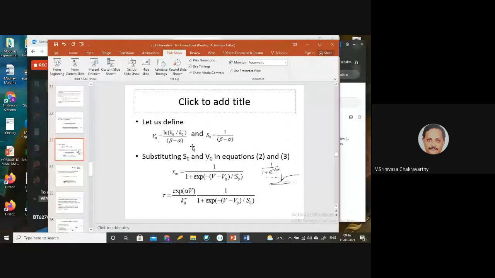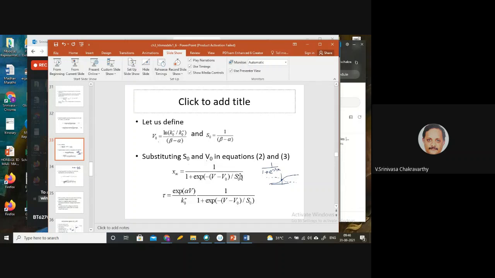But after some time, I switched to a more complicated model of a single channel, where within a channel there are multiple gates. So using just a single variable x, I won't be able to describe the open and closed states of a channel. I need to look at a more complicated model of a channel, where there are multiple gates within a channel.